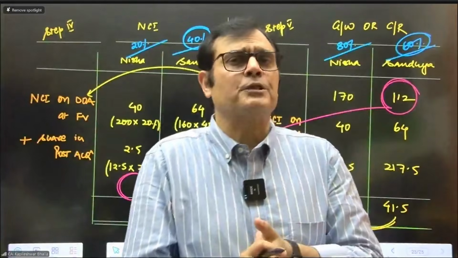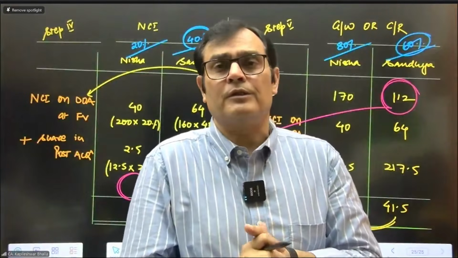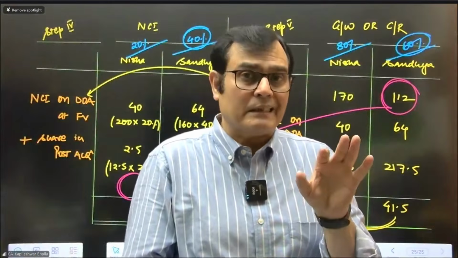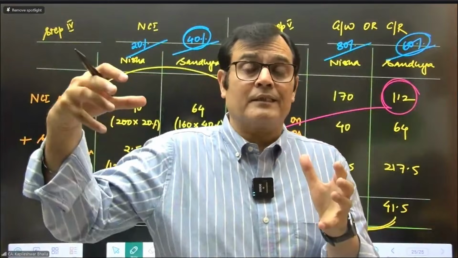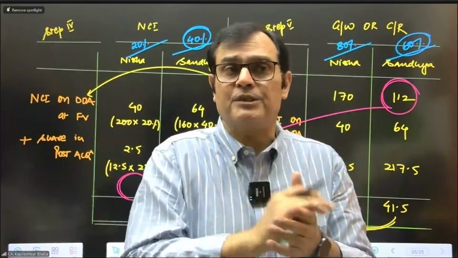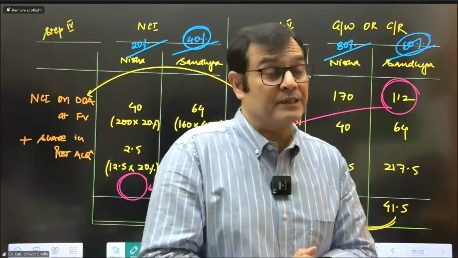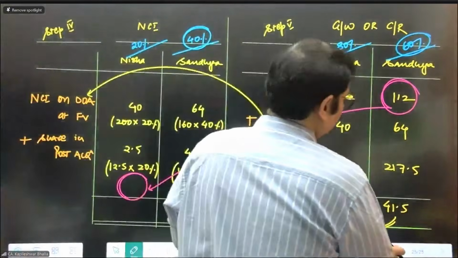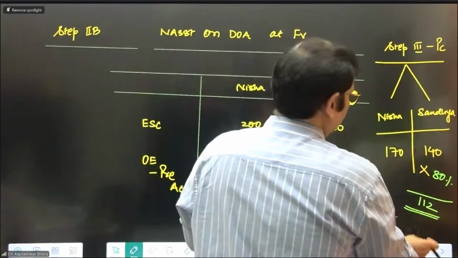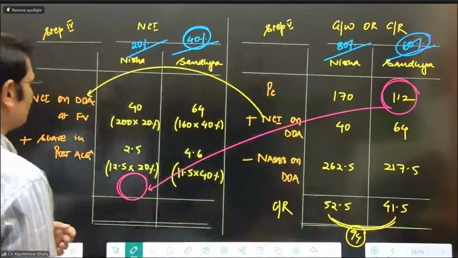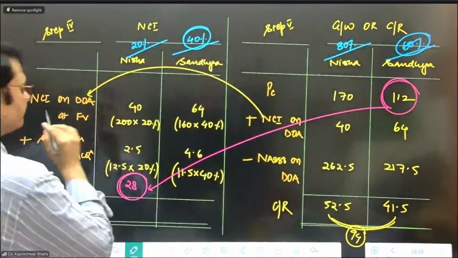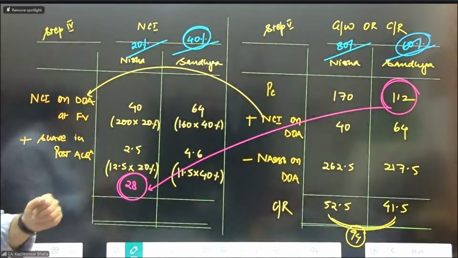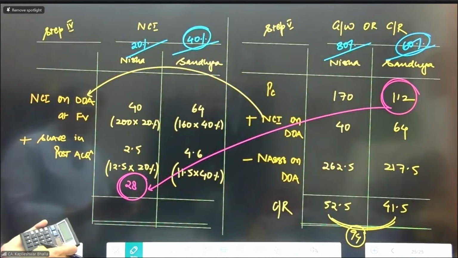We are in detailed discussions on the reason for this treatment in the regular sessions as well, that since this amount is funded with the NCI, we need to eliminate this from the NCI. So we take 20%. So what was 20%? 140 into 20% would mean 28. So that is one input which we need to consider.